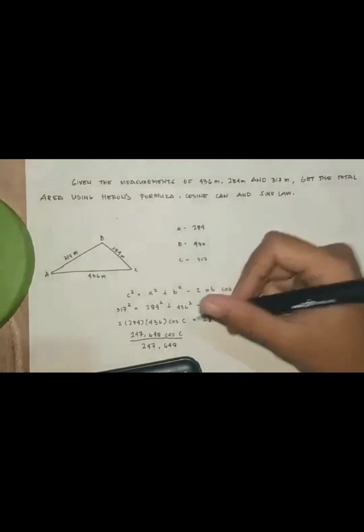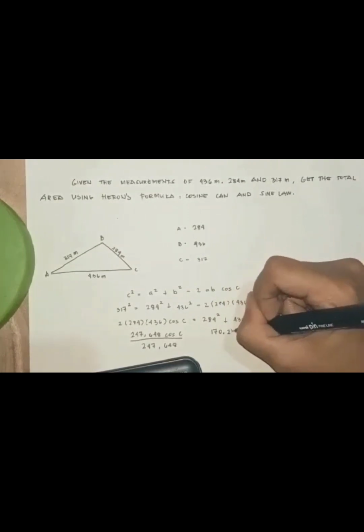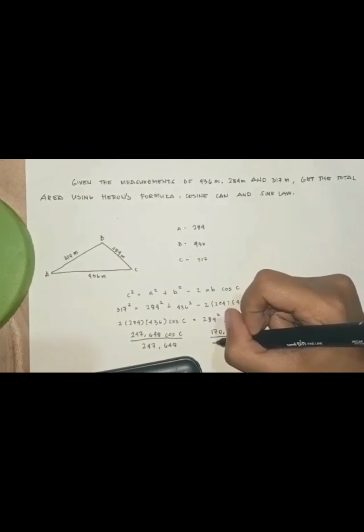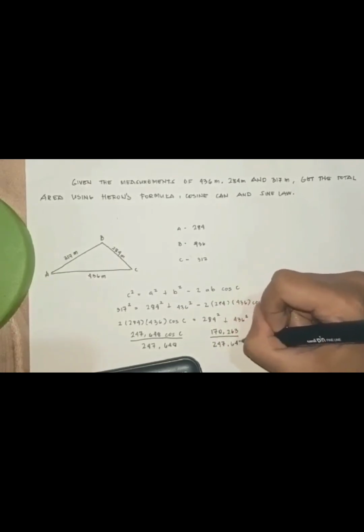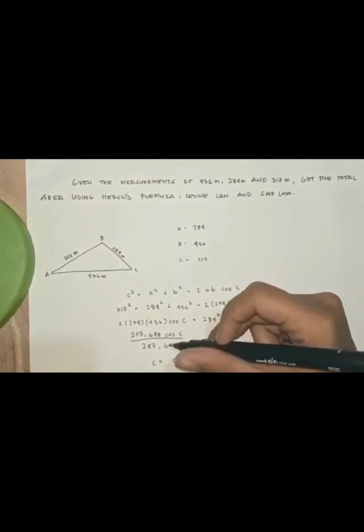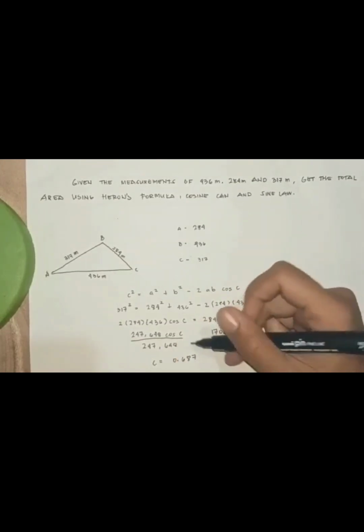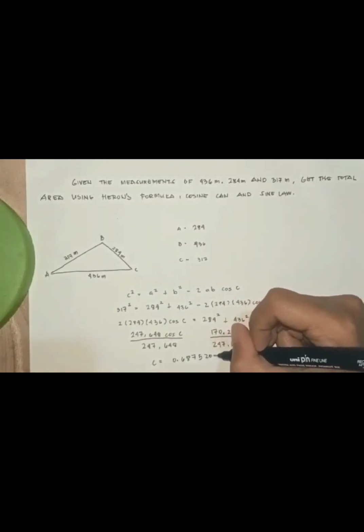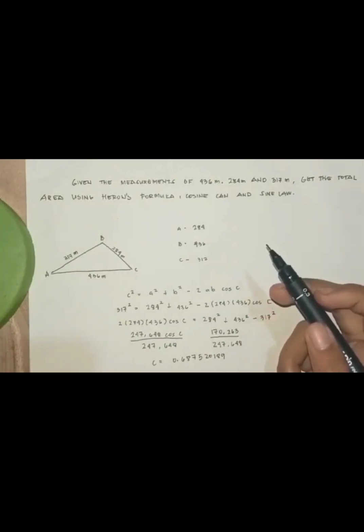The final answer is 170,263 divided by 247,648. 170,263 divided by 247,648 is equal to, cosine C is equal to 0.68752189.